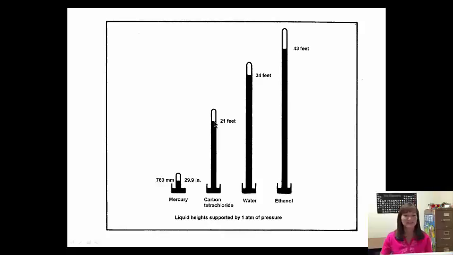It is going to have to climb 21 feet if you have 1 atmosphere of pressure out here in this basin. Water is going to climb 34 feet. So you'd need a pretty big barometer if you wanted to use water instead of mercury. If you used ethanol, which is less dense than water, it's going to climb 43 feet. So that's one of the reasons you tend to use mercury in your barometers.